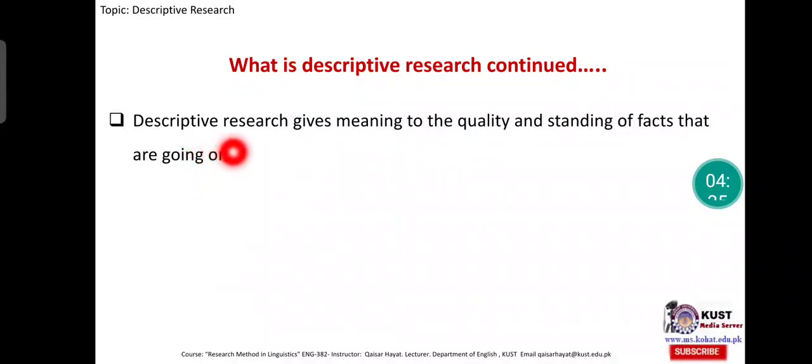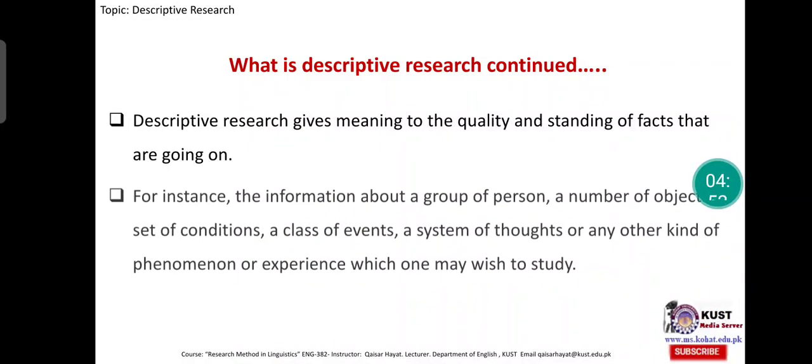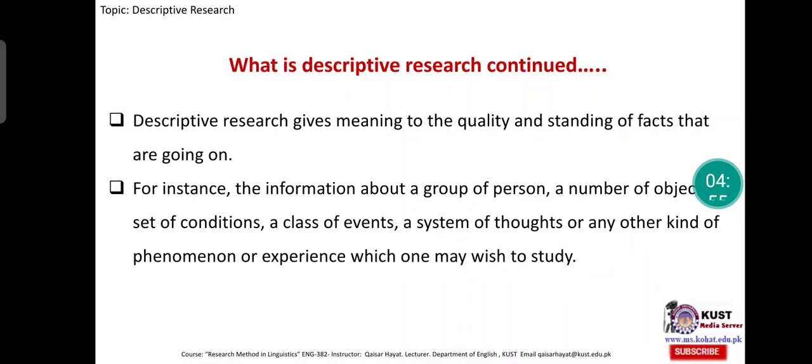This type of research gives meaning to the quality on which we are doing research, which is under study, and the exact status of the quality that is elaborated through this research. For instance, information about a group of persons, a number of objects, a set of conditions, a class of events, a system of thoughts, or any other kind of phenomena or experience which one may wish to study.